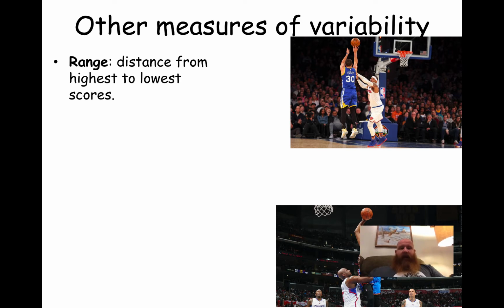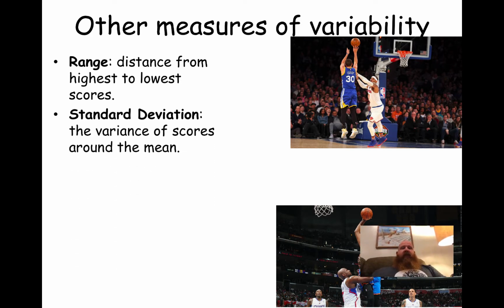But range, when you're looking at a data set, is the distance from the highest to lowest. So in our Dunder Mifflin example, the range is going to be 25,000 to 300,000. That's your range. Standard deviation is going to be hard to explain on this. We'll probably do more of that in class.